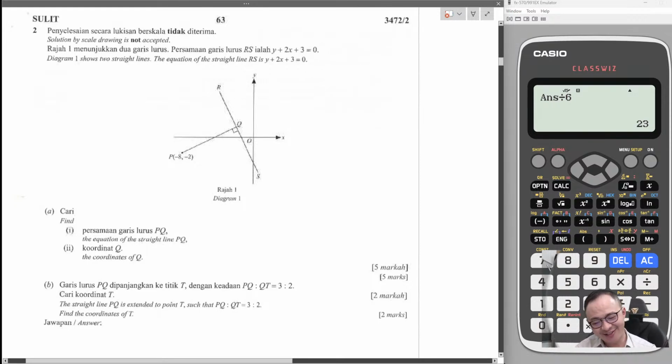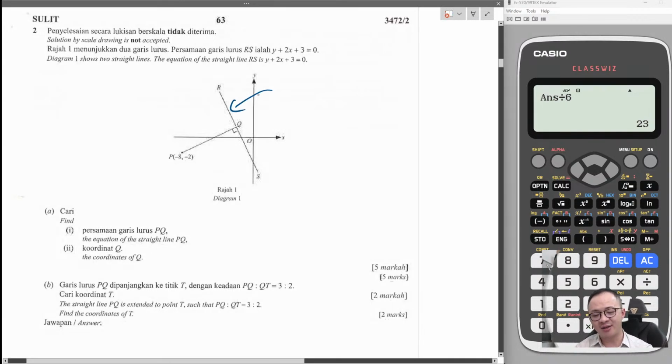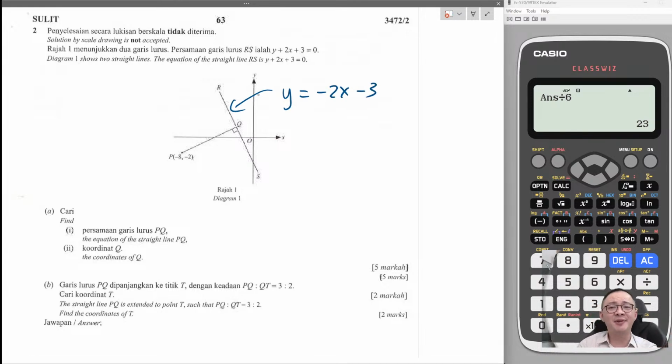But anyway, let's continue. They give us the equation of RS: y equals negative 2x minus 3. I always make them into y equals mx plus c. What's the purpose of doing this? Because I can easily know their gradient. If this gradient is negative 2, and I see 90 degrees, I remember a formula for 90 degrees: the first gradient multiplied by the second gradient is negative 1.